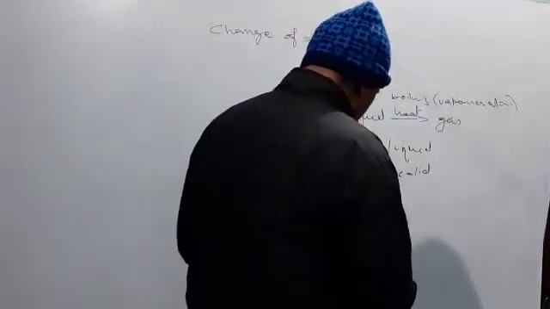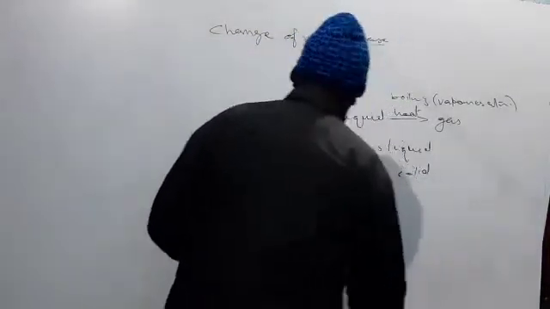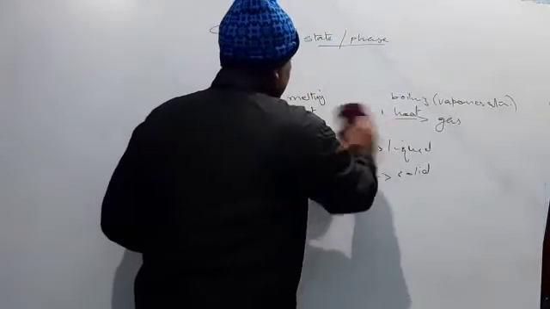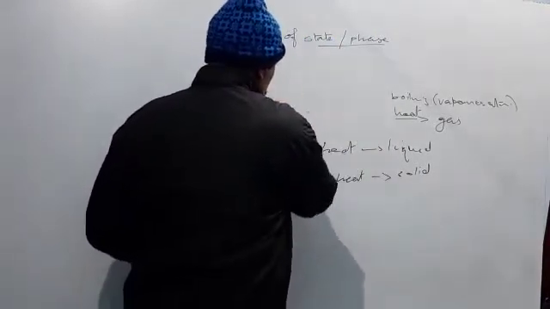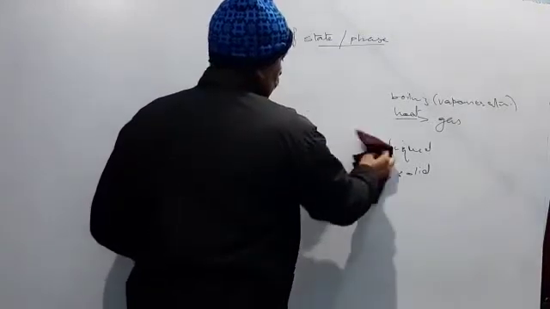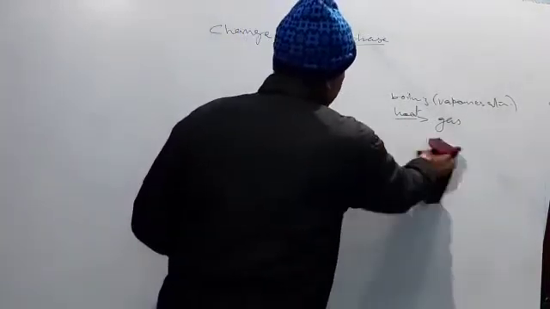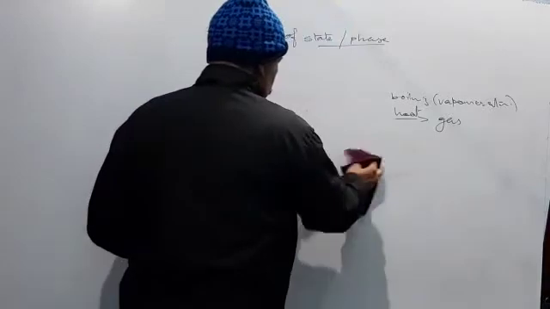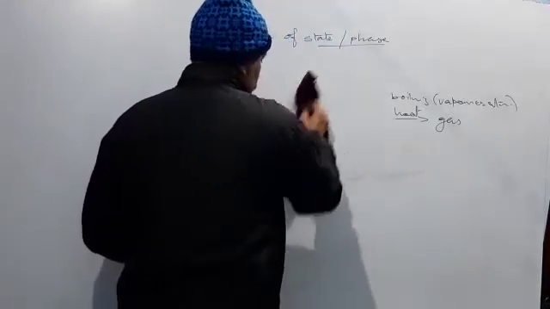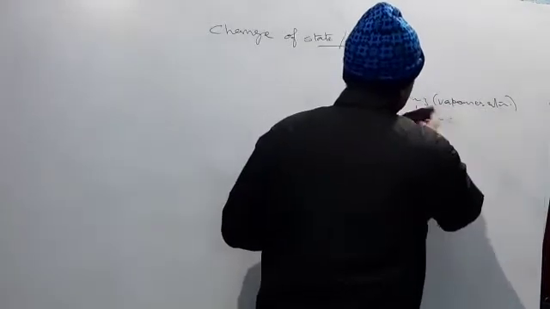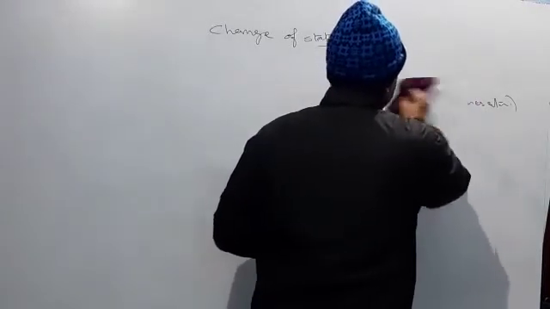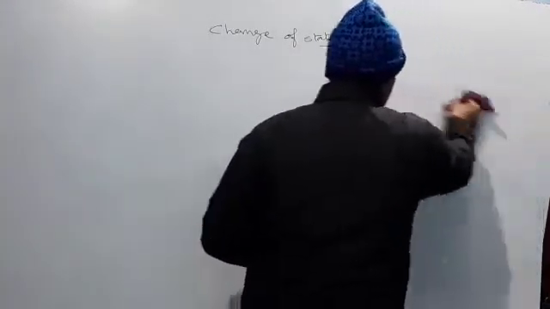Sometimes on heating, a solid may directly change into vapor or gas. We call the process sublimation. Iodine, ammonium chloride, camphor are some substances which sublime.